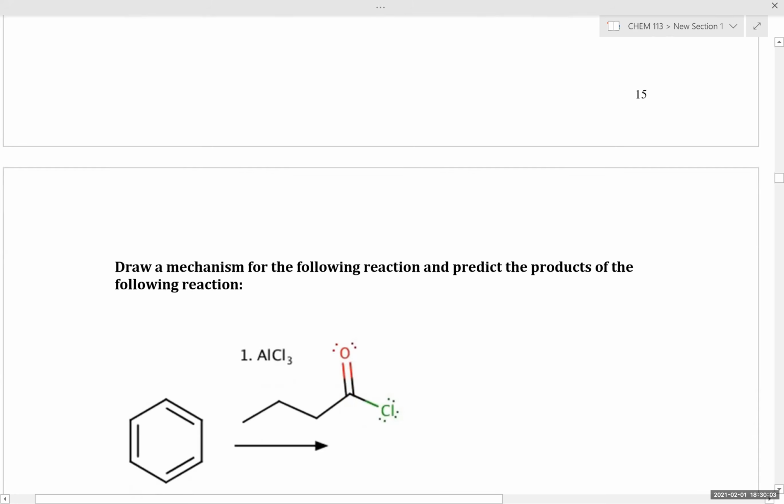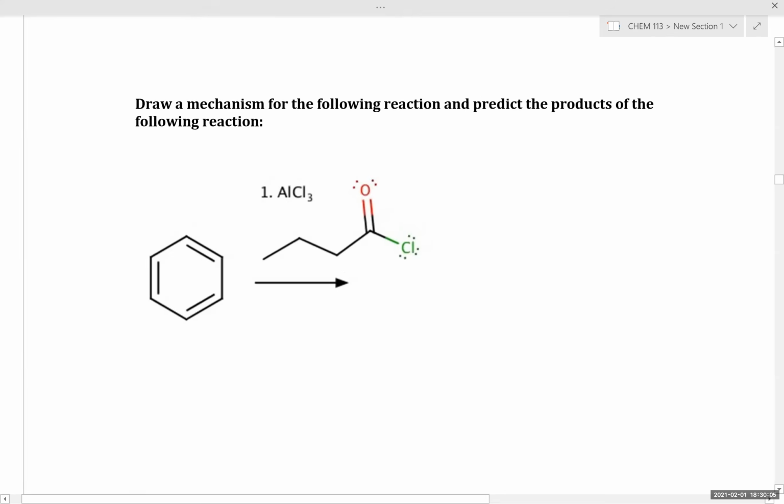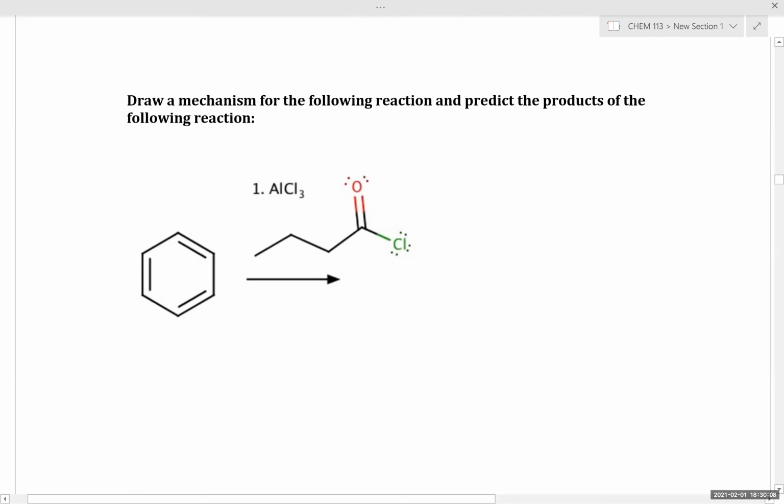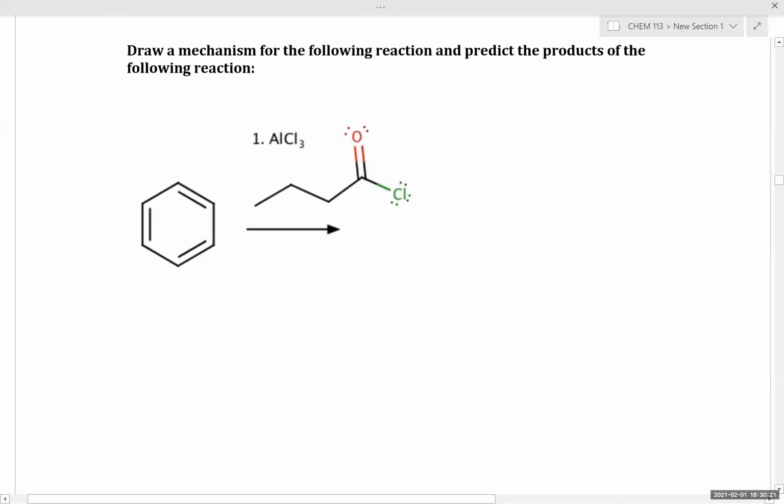Okay, so let's try the following example, and I'd like students to try to use the annotate tool or to share screenshots of their proposed mechanism in the chat, or share their input for the mechanism steps verbally or in the chat. And let's try to draw a mechanism for the following reaction and predict the products. So let's take about 4 to 5 minutes to work through this example, and then we'll discuss.